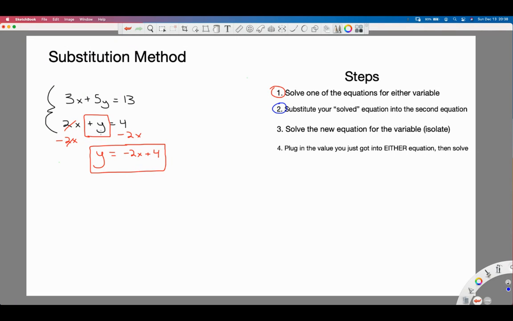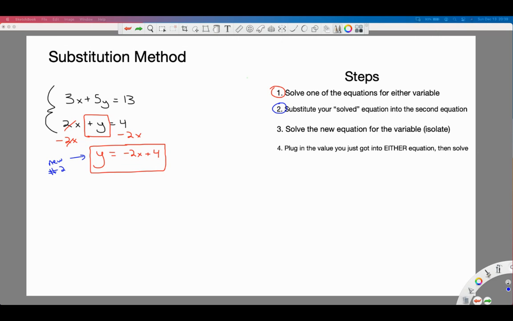When we did step number 1, we created this new equation. I'll write new here just so we can clarify that this is our new second equation, new number 2. And this was old number 2 right here. Anyway, what we need to do is take whatever that value equals here in the solved equation and plug it in for the y up here in that first equation, the second one.